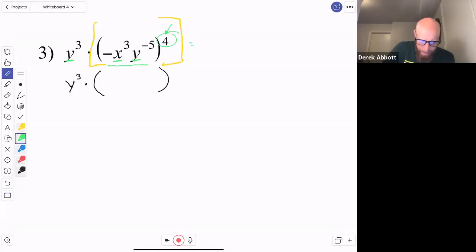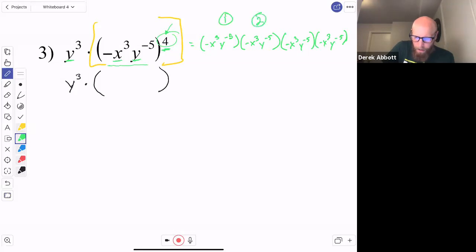What it actually means is we have negative x cubed y negative 5 times negative x cubed y negative 5 times negative x cubed y negative 5 times negative x cubed y negative 5. Anytime you put an exponent on something, you're saying I want to see 1, 2, 3, 4 of that grouping. That's what exponents tell you. It's whatever it's connected to. I want to see that many of them being multiplied times each other.